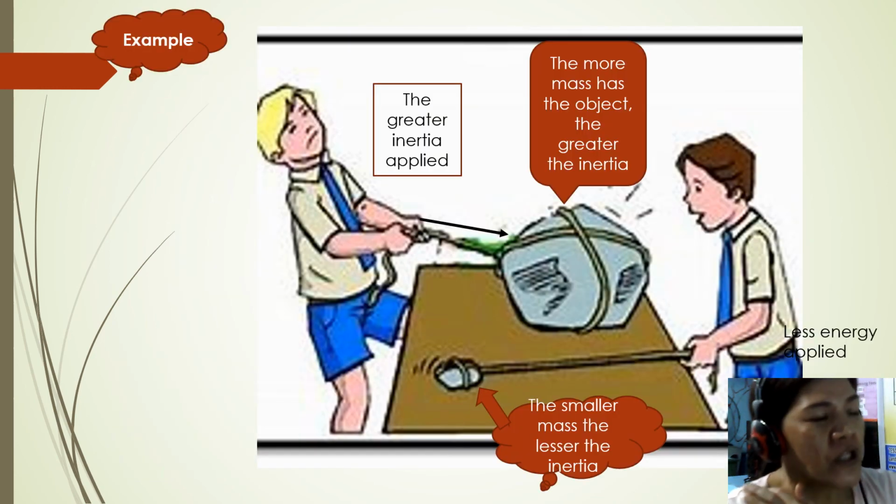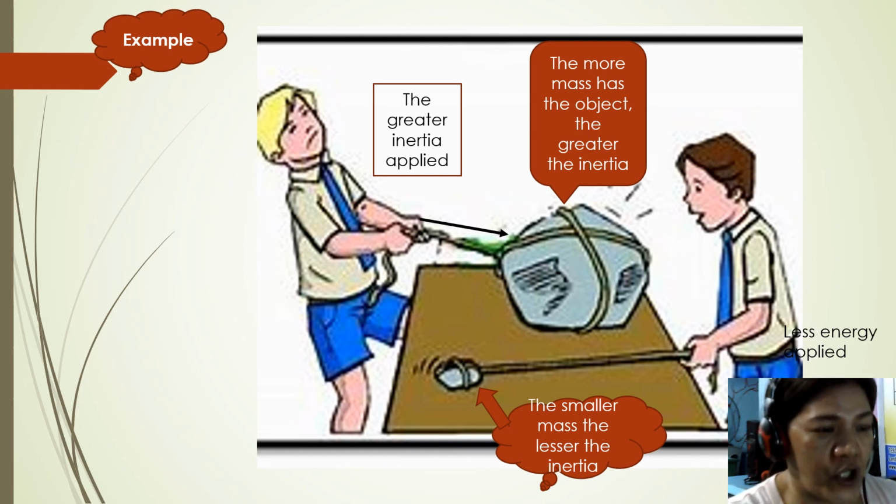Now, try to look at this picture. As you can see, the more mass the object has, the greater the inertia. The smaller the mass, the lesser the inertia.